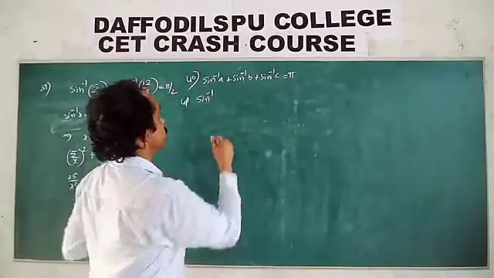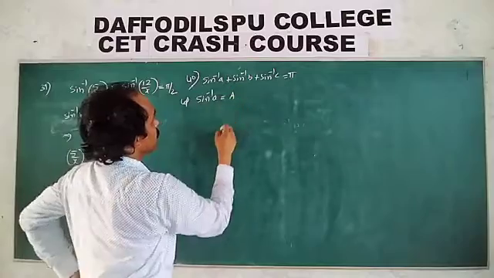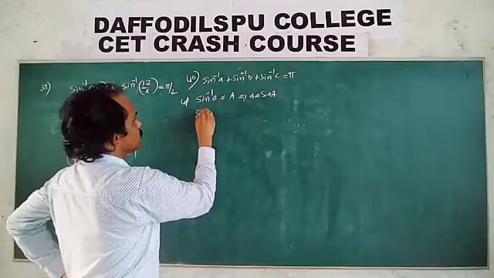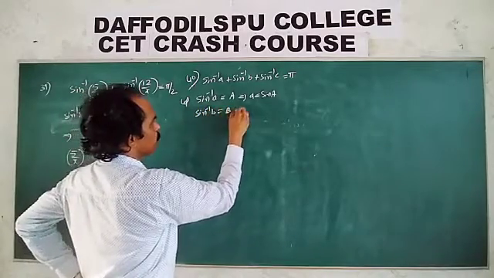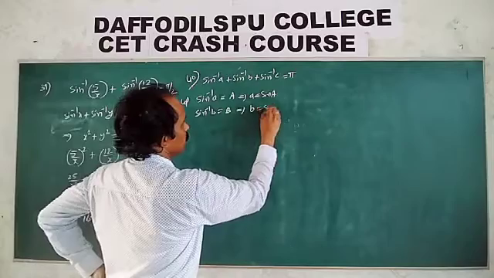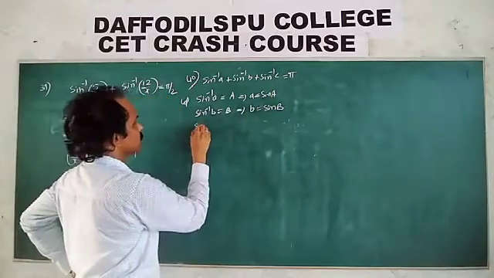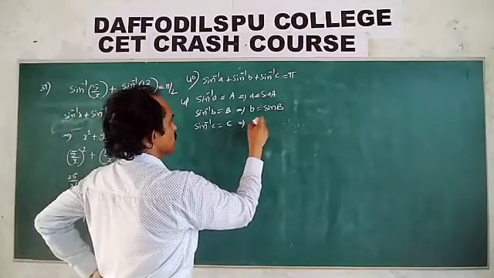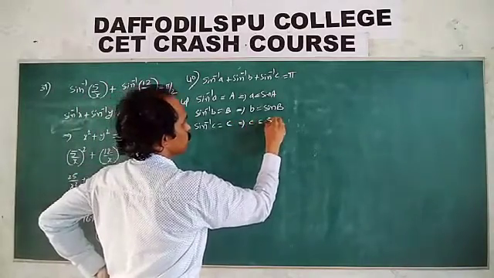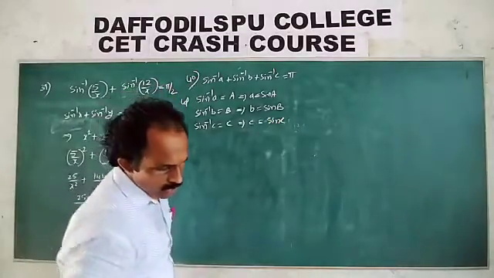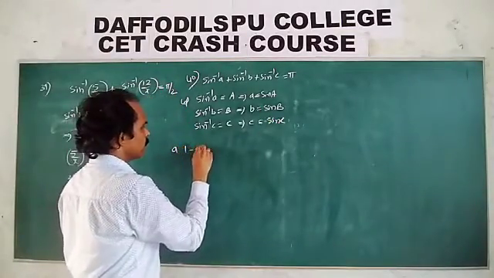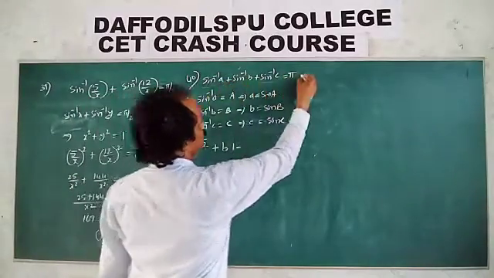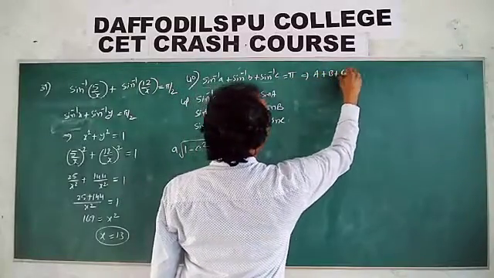First option, 2abc. Let sin inverse a be capital A. This implies small a is equal to sin A. Sin inverse b is equal to capital B, this implies small b is equal to sin B. Sin inverse c is equal to capital C, so that implies small c is equal to sin C. What is given in the problem? A plus B plus C is equal to pi.